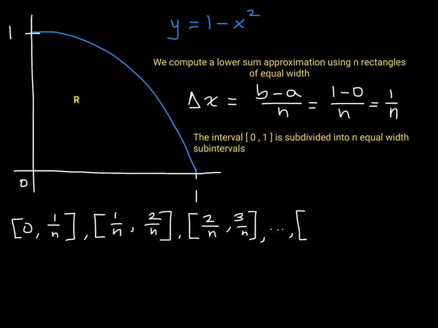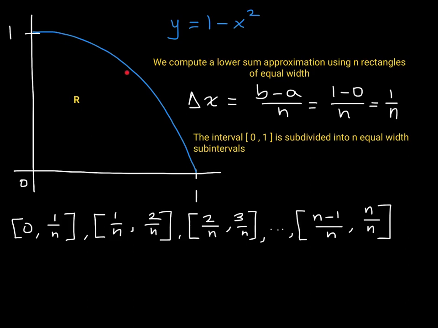The last interval, the right endpoint will be 1, and the left endpoint of that interval would be n minus 1 over n. The right endpoint is 1, written as n over n. So these are all of the sub-intervals. Each subinterval has width 1 over n.